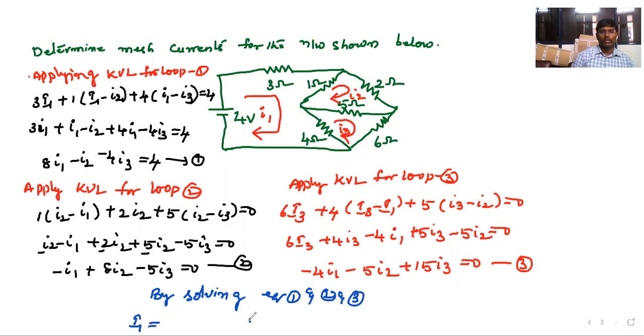So what is I1? I1 is equal to 0.66 amps, I2 is 0.24 amps and I3 is 0.26 amps.